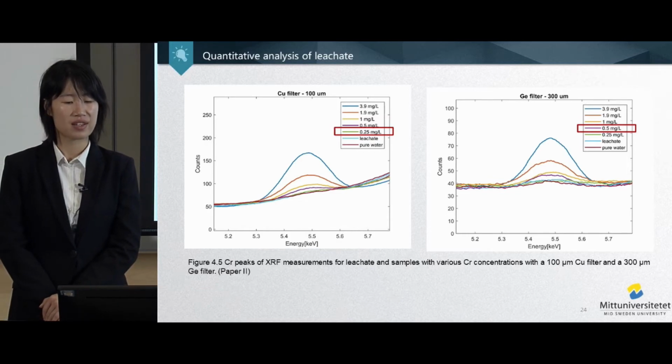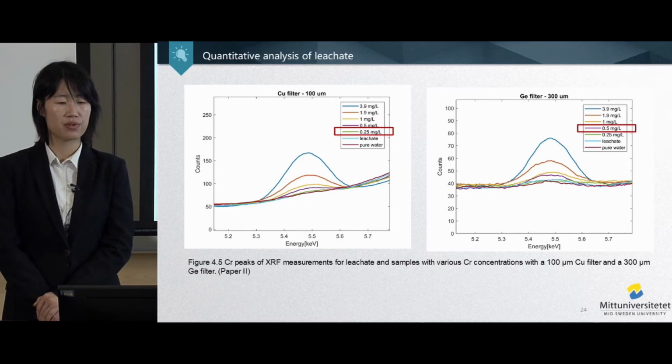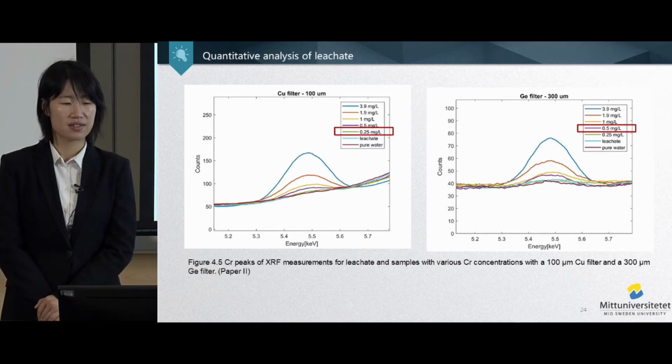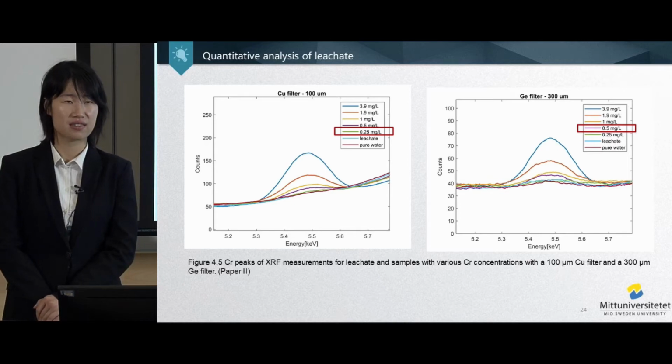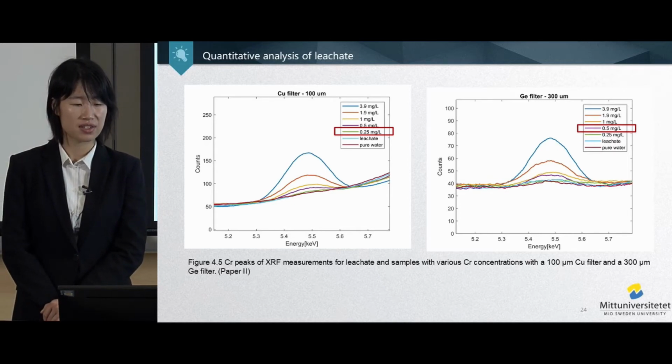These samples are compared with the purified water and the leachate sample. Since the peak area is related to the concentration, the highest concentration gives the highest peak in this case.